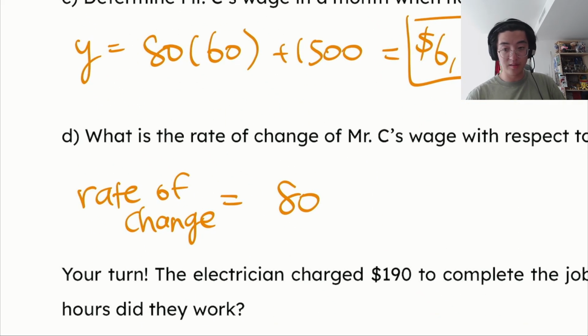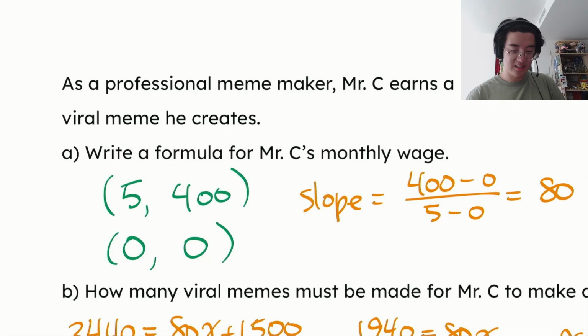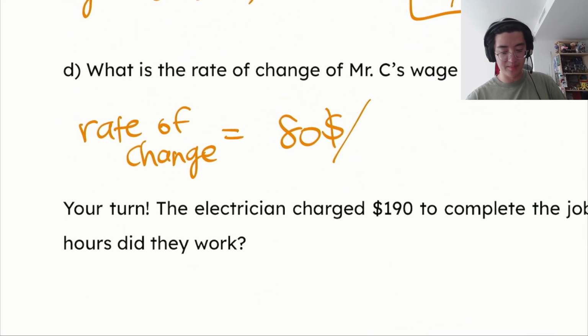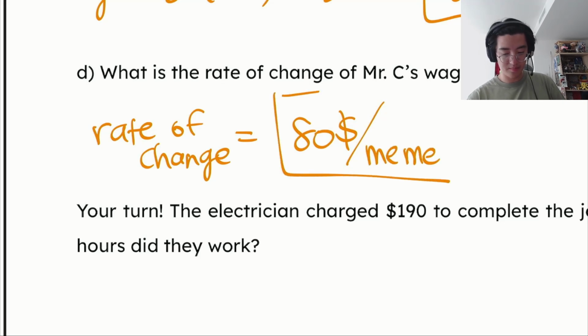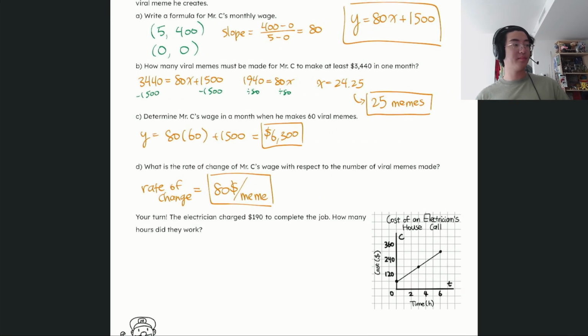So we know our unit is dollars over the changing x. The units for x is we got 0 memes and 5 memes. So it's dollars per meme. That is then our rate of change. $80 per meme. Okay, just like that.